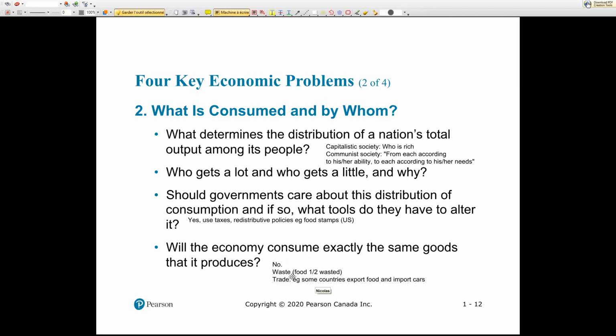So waste, we don't care too much about it. We just prefer that there is none, but in economics, we don't judge people. So if I decide that I'm going to buy a pizza and eat it, it's my choice. If I decide I'm going to buy a pizza and make a pizza fortress with it or whatever, or throw it in the garbage, it's my choice.